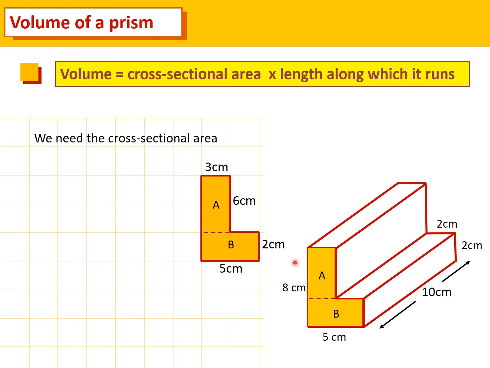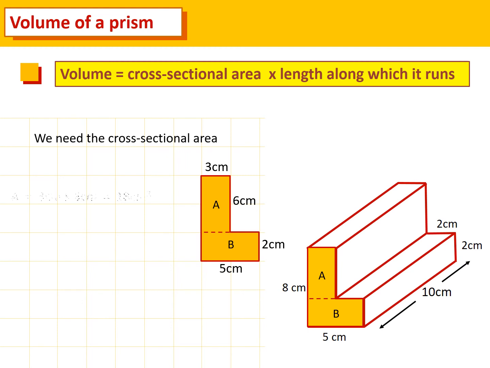On the original diagram, that length is 8 centimeters, and this length here is 2 centimeters, which means this length, the side of A, must be 6 centimeters. And then for B, we've got 5 centimeters for its width, and that height there is 2 centimeters because it's the same as the 2 centimeters there.